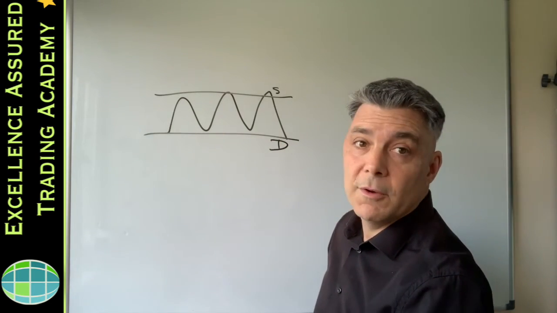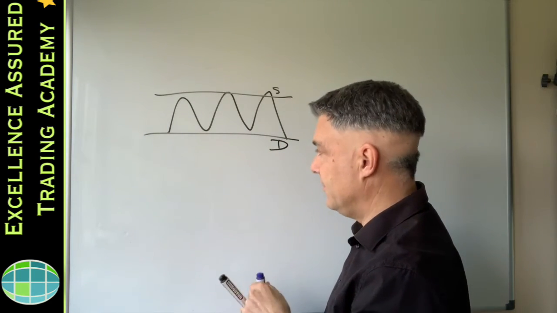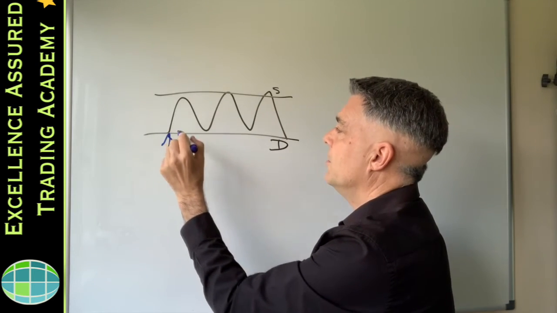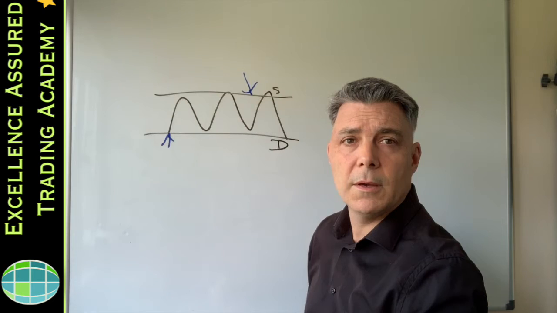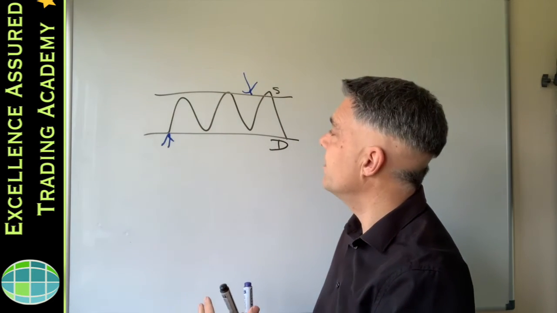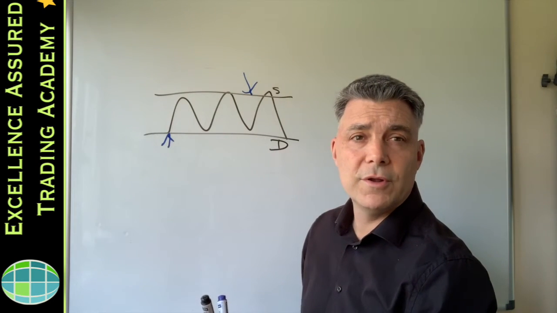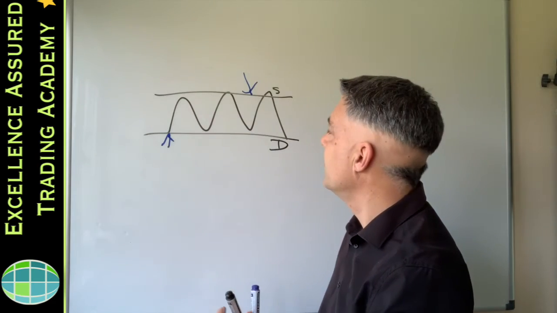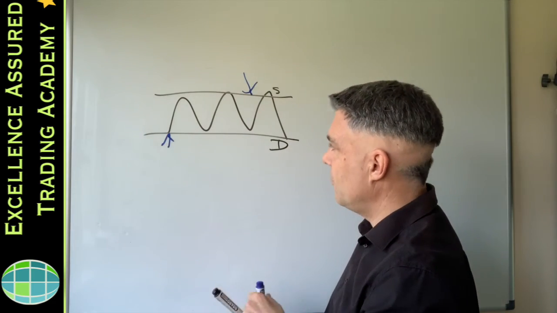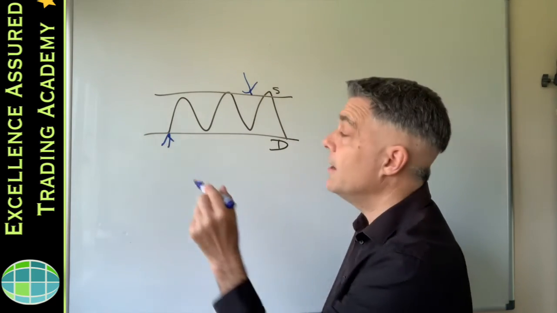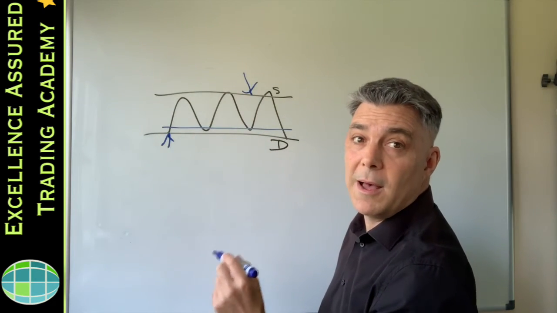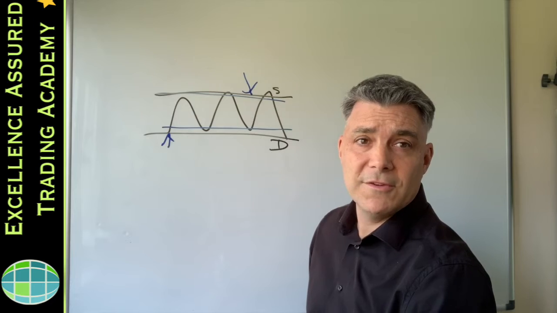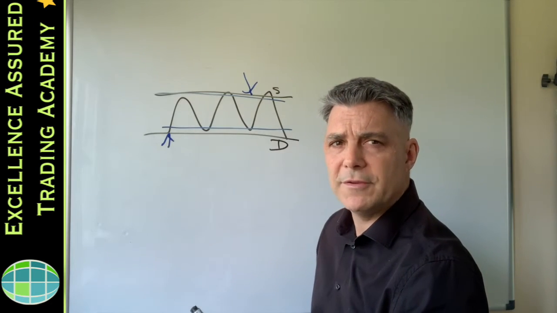People are buying at the bottom and they're selling at the top, and that's how markets move. They move up and down according to supply and demand. The demand is greatest when the market is at a low price, and the supply is greater when the market is at a higher price. I hope that makes sense.